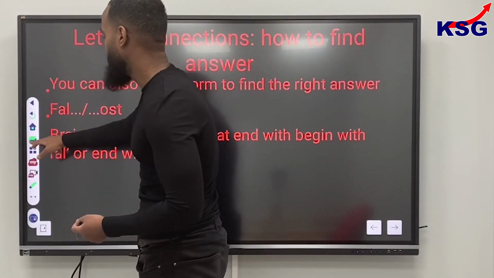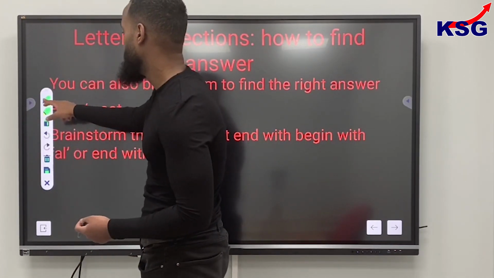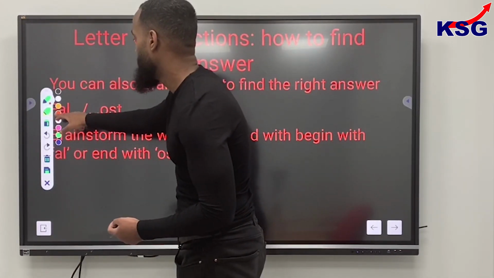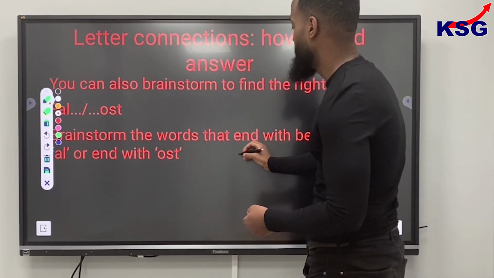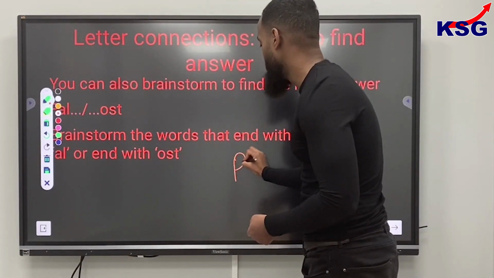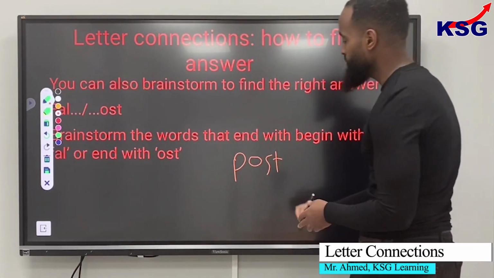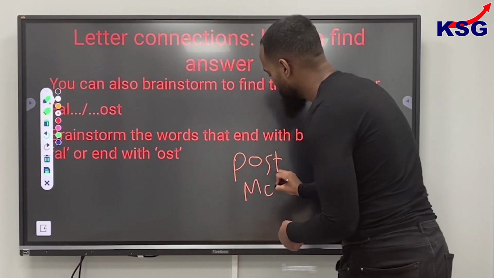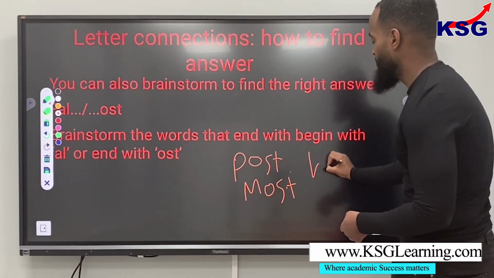Looking at that, I could do a quick brainstorm of what letters begin words that end with OST. For example, I could think of post. That would be one word. Most, that would be another word. You could even say host.